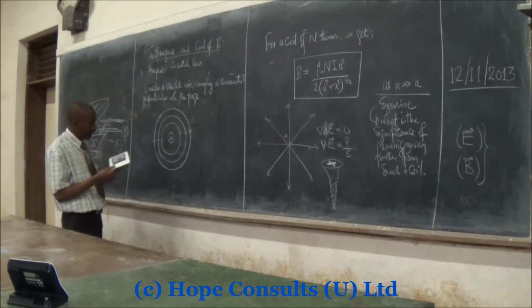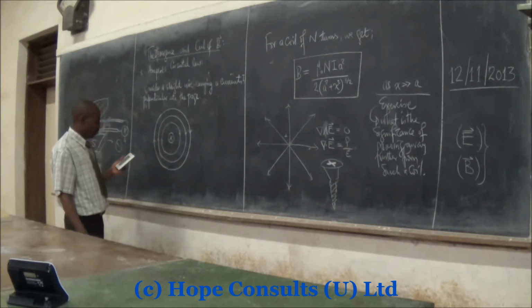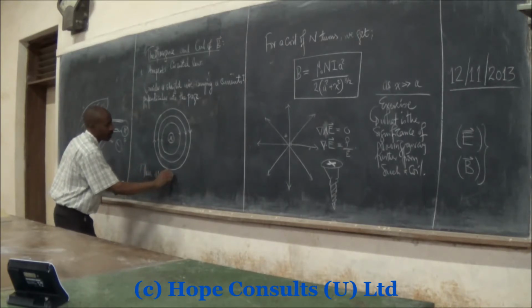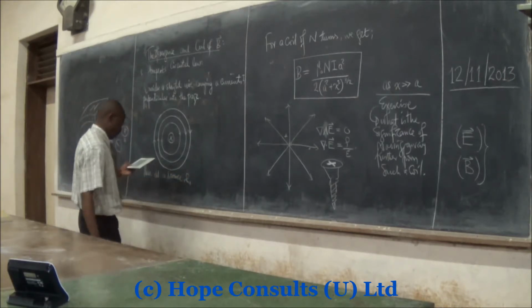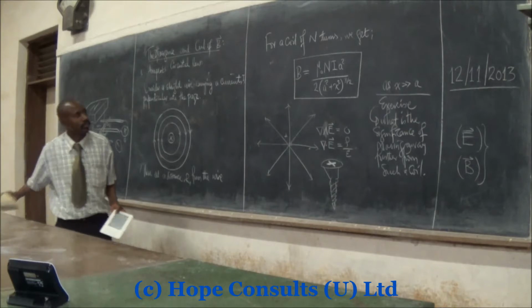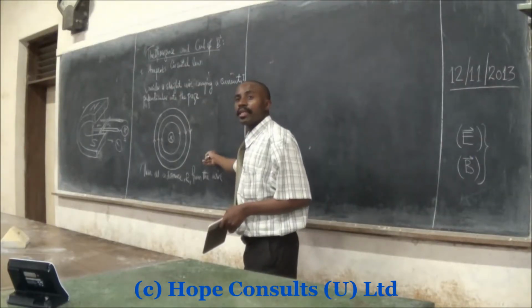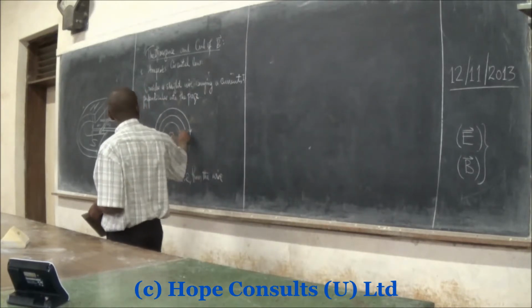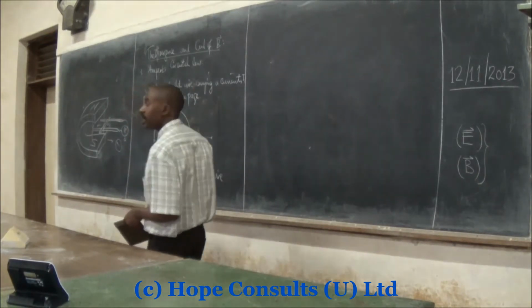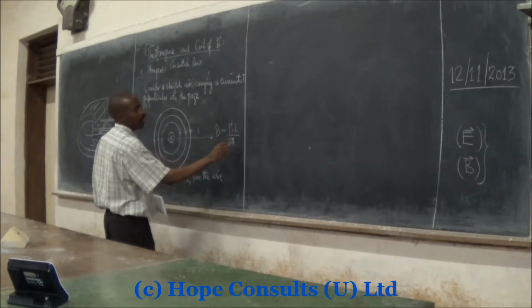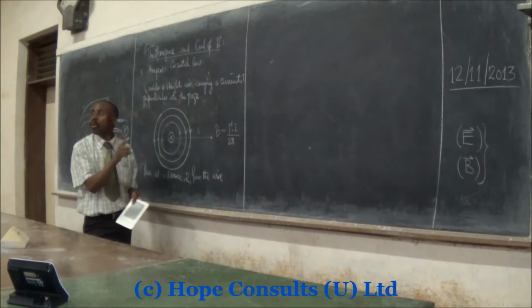So if we consider a straight wire carrying current I in relation to the page, then at a distance r from the wire, first of all, we got that the magnetic flux density at a point R from this wire, if we took around this point at distance R, our B is the same as mu naught I over 2 pi R, where R is the perpendicular distance from the point to the wire.